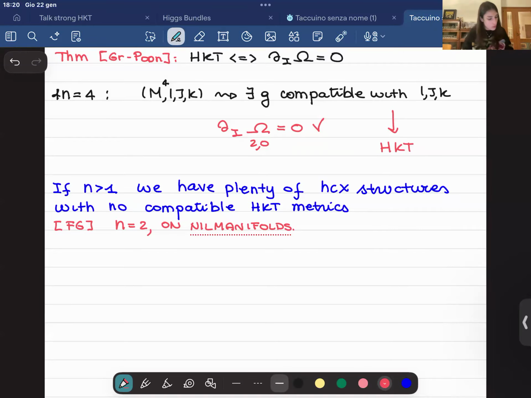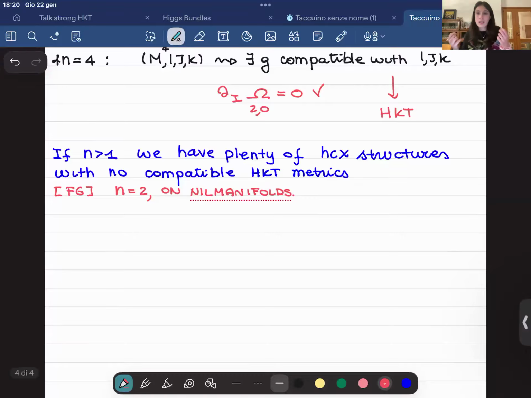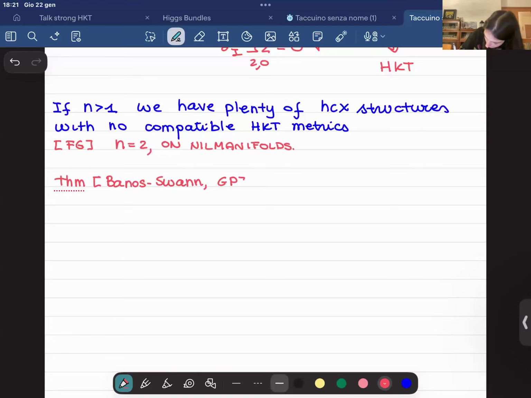There is a last thing that I want to say, which is really the link, at least in my opinion, between hyperkähler and HKT geometry, which is the existence of a local potential. So this is a theorem. This was proven by Banos and Swann, but I should mention also Grantcharov and Poon, I guess.